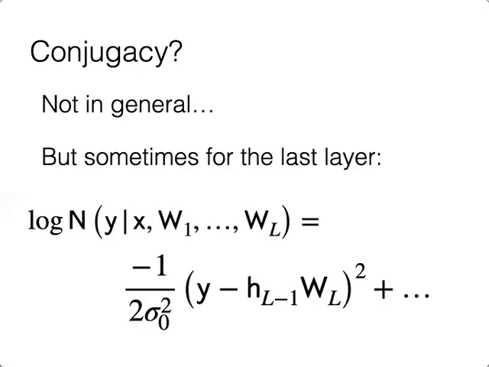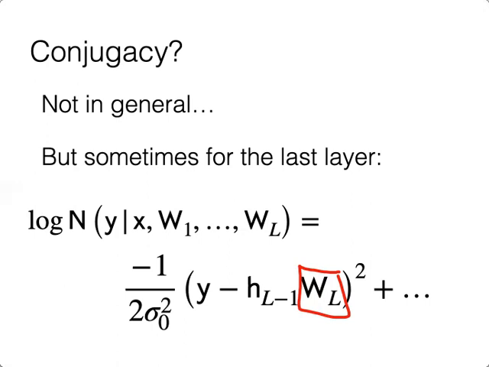But if you think about the last layer of a neural network, say we're just using this neural network for real valued regression, the log likelihood would look something like this, where we have our last hidden units times our last weights. And we can essentially just treat this as a linear model, right? If we assume the hidden units are fixed, this is just like a linear model, and then this could be conjugate for some choice of priors, such as a normal prior on W here.